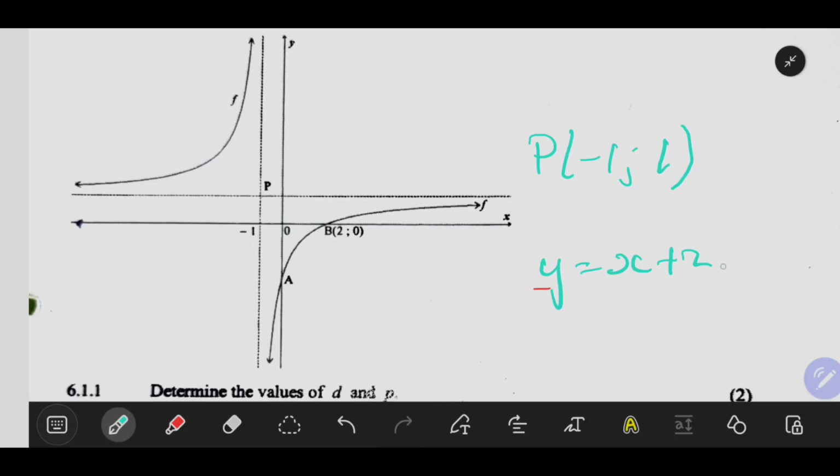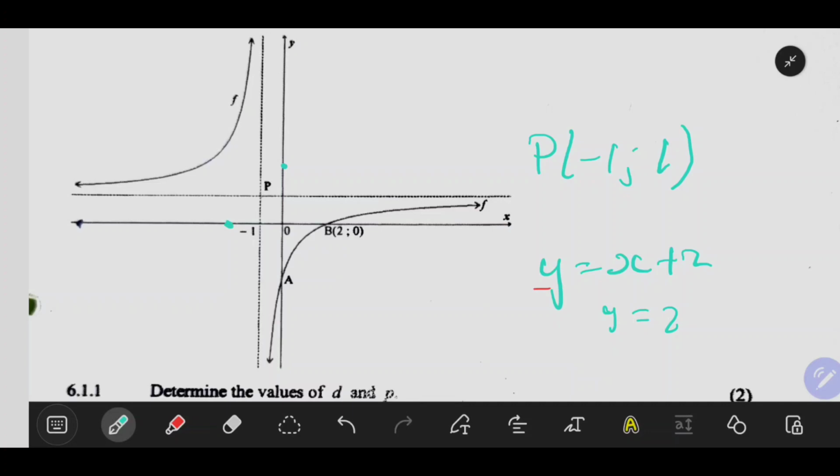So x plus 2, when we find the y-intercept of this, we let x be equal to 0, then our y becomes positive 2, which is a point maybe here. And then our x-intercept is -2, which can be a point here.